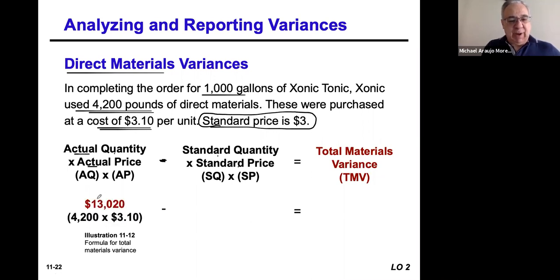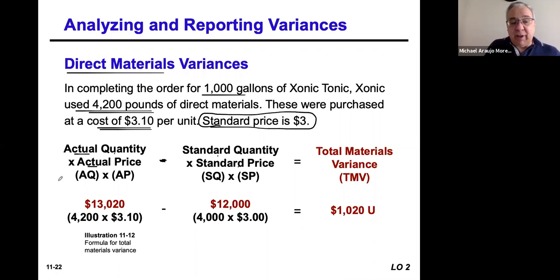So you actually spent $13,020 because you had 4,200 pounds of materials at $3.10 a pound, which was higher than the standard quantity, which you should have done with 4,000 pounds at $3. So the variance in this case is simply the difference, $1,020. It's unfavorable because you were above the standard. That means it actually costs more. You were less efficient than the standard.